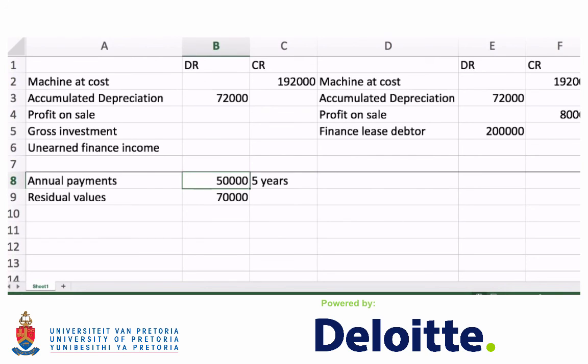And then the annual payments, there's 5 of them of 50,000 Rand. So adding all that together, you'll be getting a total gross investment, in other words, total payments receivable on this over time, of 320,000. The problem is those payments now, obviously, because it's a financing arrangement, include not only capital but your interest as well.